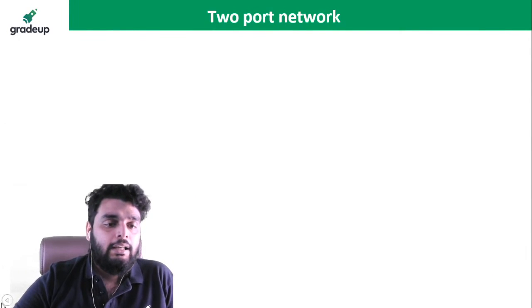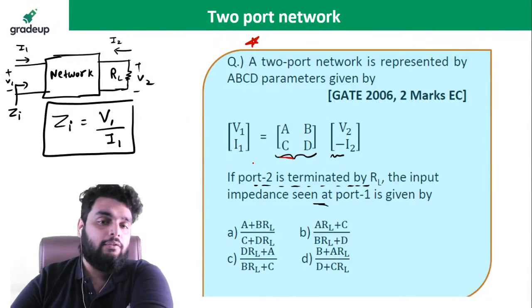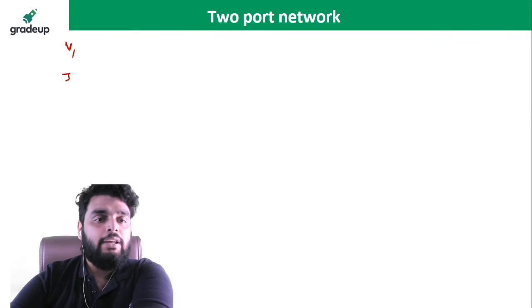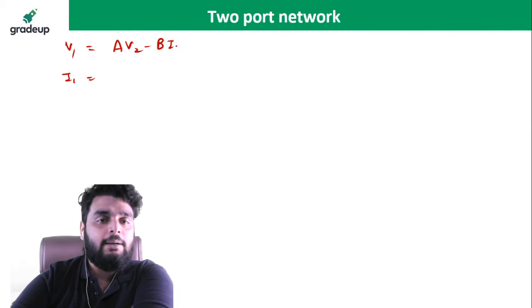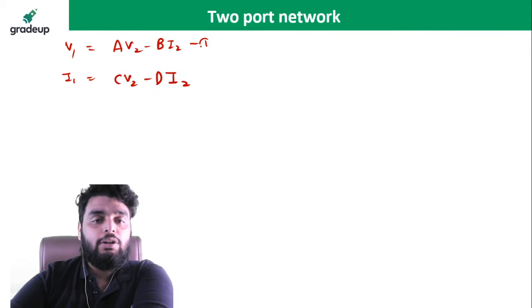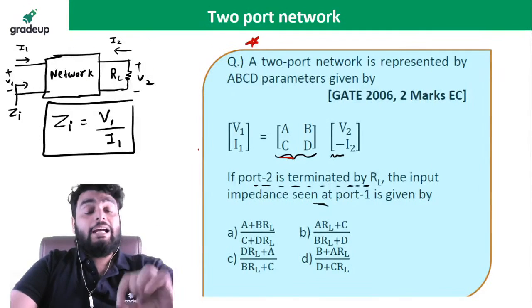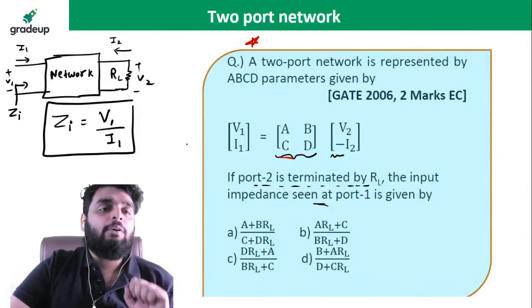First of all, to solve this question, you have to write the equations of the given parameters in general form. So you can see V1 is equal to A times V2 minus B times I2, and I1 is equal to C times V2 minus D times I2. This is equation 1, this is equation 2. Now write the new equations which can be formed from the network.